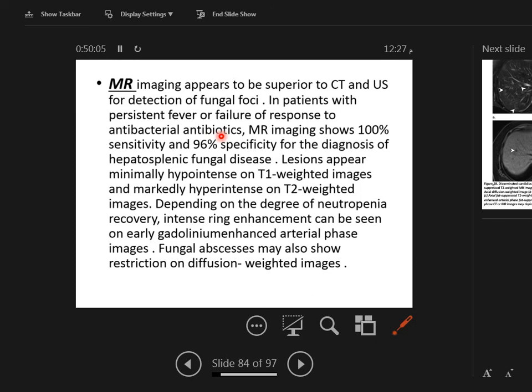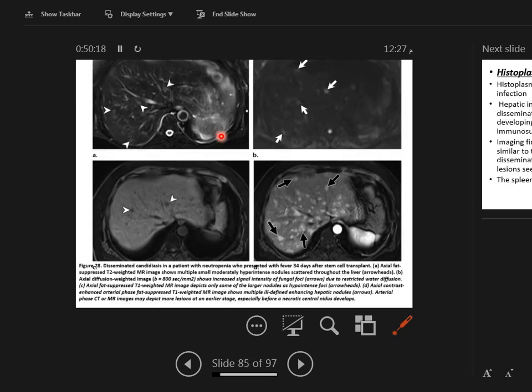It may show restricted diffusion. When you're looking for this kind of infection, you have to take arterial phase, not portal phase. The enhancement is showing more on the arterial phase. Okay?